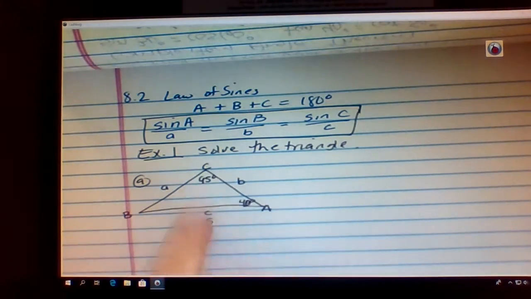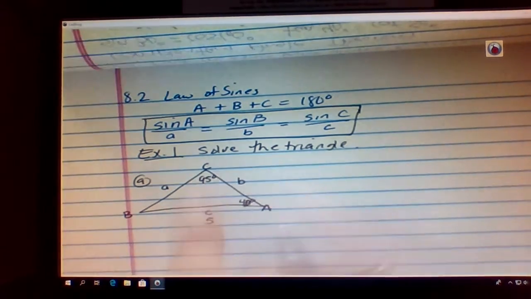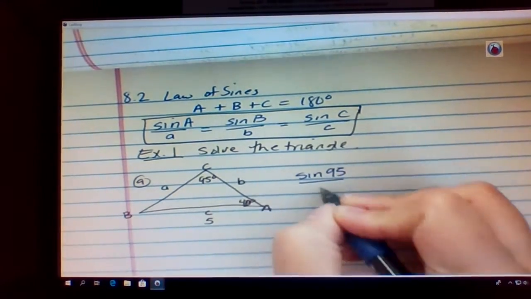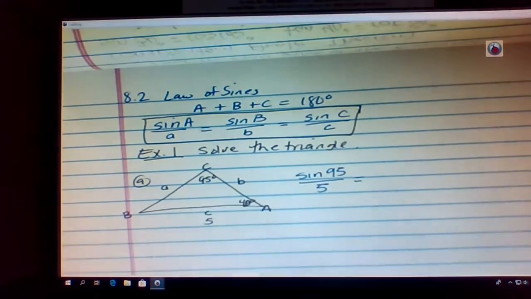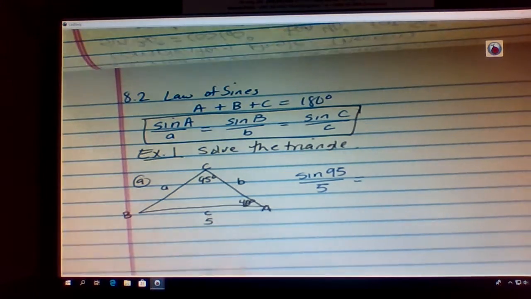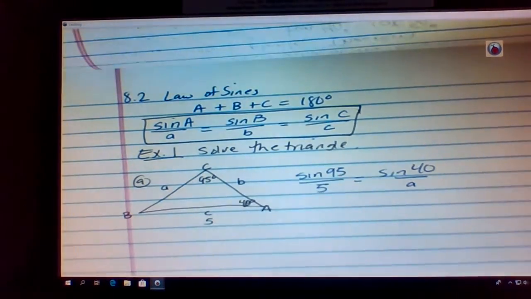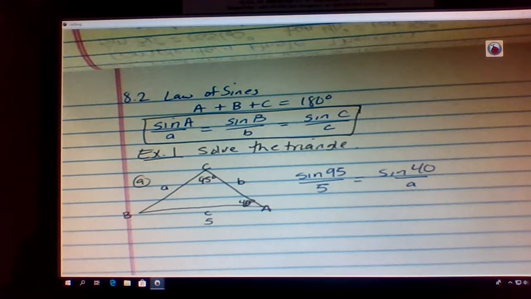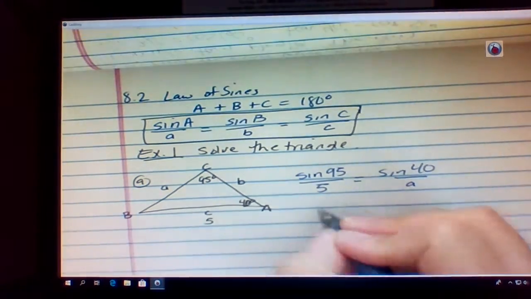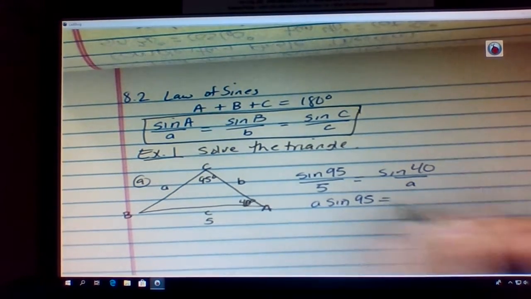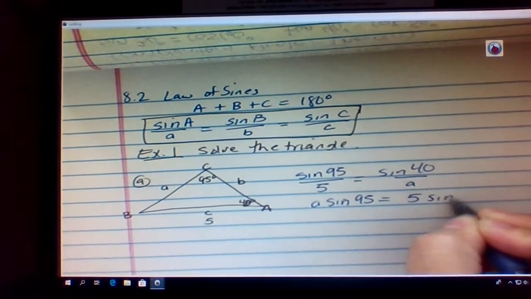Because you have to look for which one they gave you both for. They give me both for C. So I know sine of 95 over 5, and the next one you're closest to figuring out is A, right? So we have sine of 40 over little a. Then you just cross multiply. This becomes a sine of 95 equals 5 sine of 40.